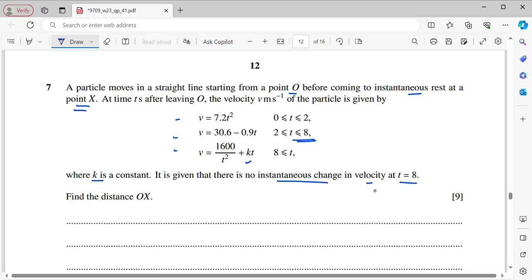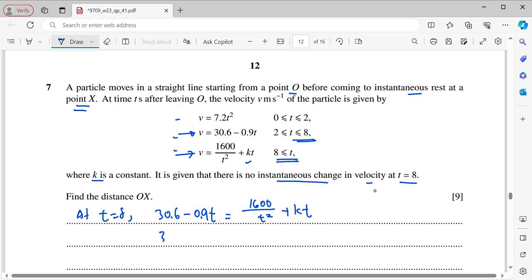When t equals 8, we are given a v, and this is also the v when t equals 8. So at t equals 8, the first v, 30.6 minus 0.9t, is equal to the second v, 1600 over t squared plus kt.